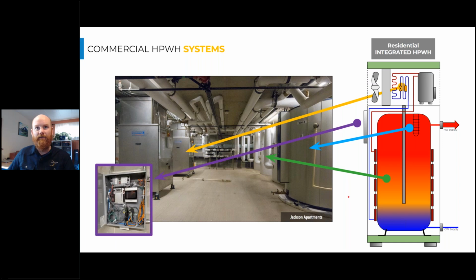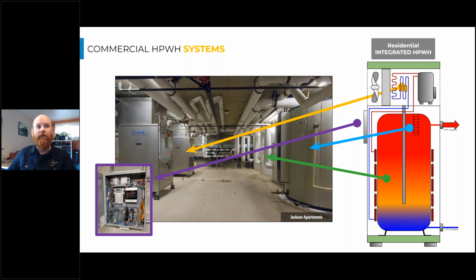And then the last of the 4 components, we have a control system. Typically it's mounted directly on the residential integrated heat pump. You might have a few temperature settings that you input there, and whether it's an eco, high efficiency, or another mode of operation. In a commercial system, we might have a more built-up control system, or we might use the controls that are within the heat pump.